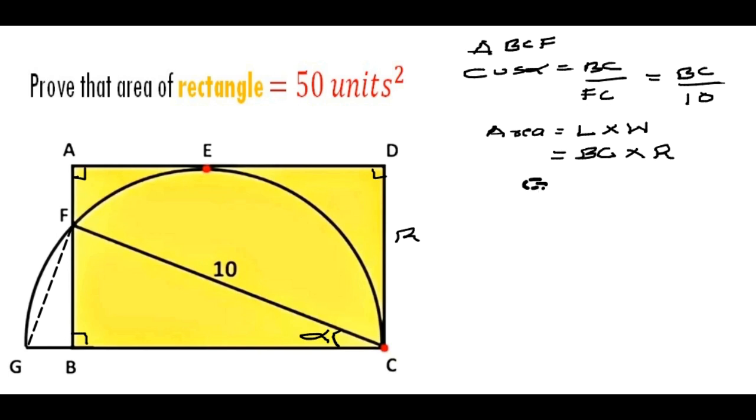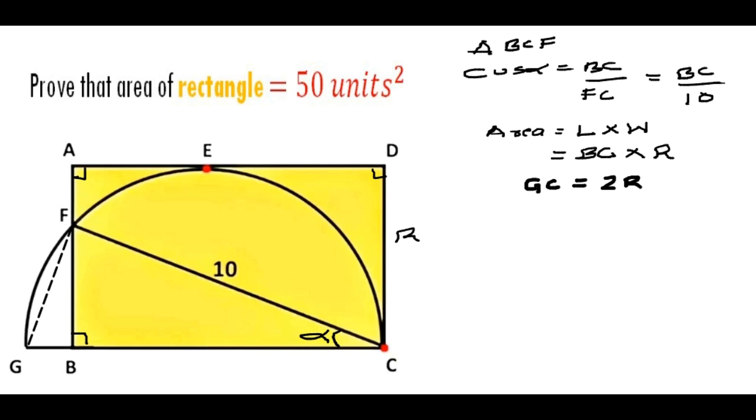That means the length GC is equal to what? The length GC is 2R. It is the diameter, because diameter is twice the radius.